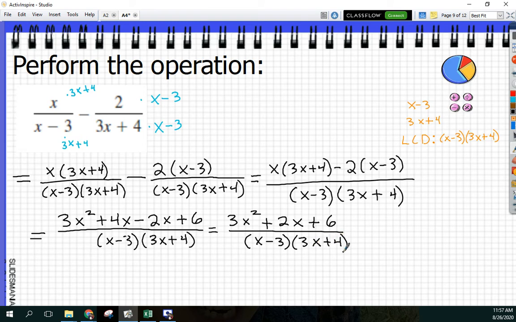Using our AC method, we would say 3 times 6 gives me a positive 18. Is there anything that multiplies together to give me positive 18 that adds together to give me positive 2? Well, because none of my numbers there are negative, it's not going to. I can't add two numbers that are bigger than 2 and end up with 2 if one of them can't be negative. So that would be my final answer.